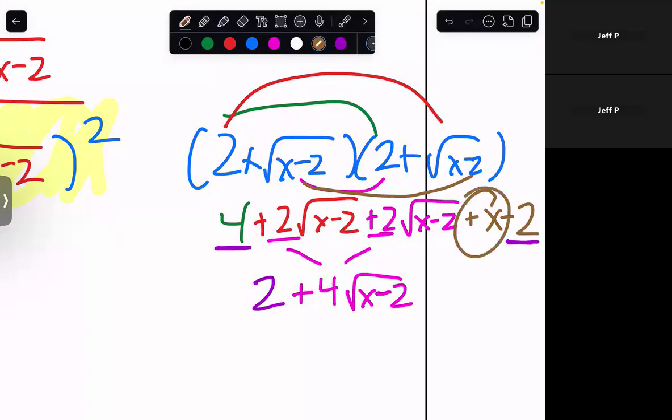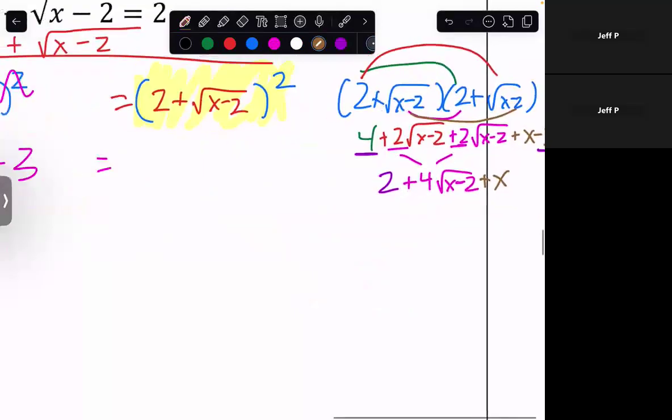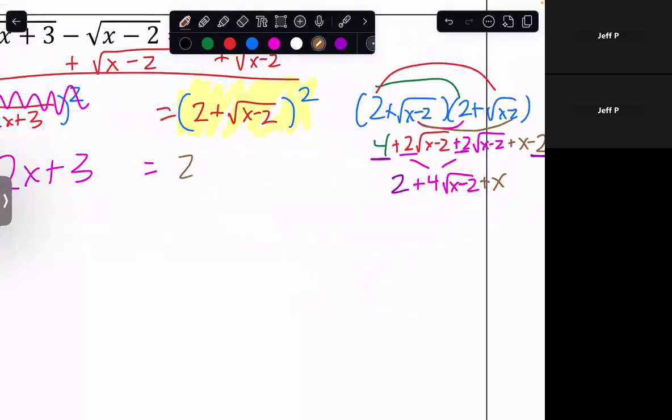But then don't forget, we also have this x that's on the outside. Okay, so yeah, you may have put these in a slightly different order, but it should be 2 plus 4 square root x minus 2, and then plus x.